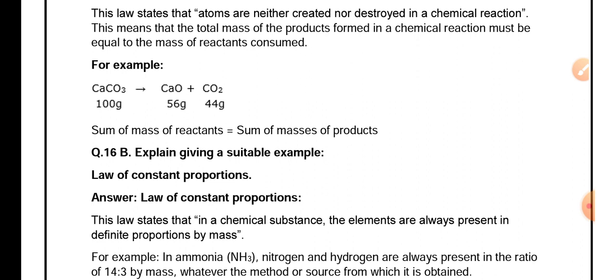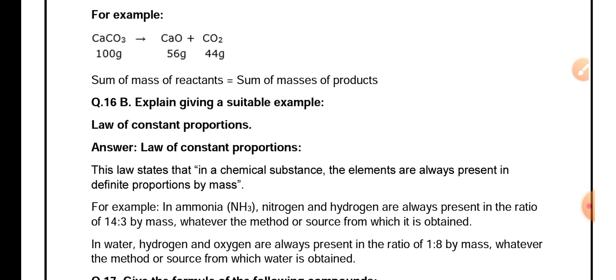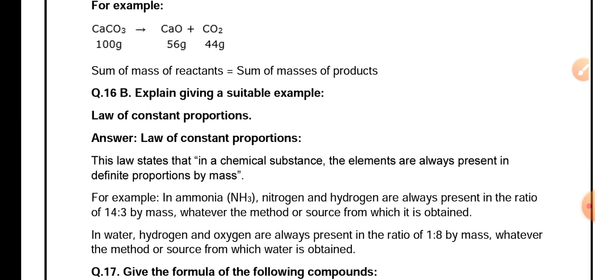In water, hydrogen and oxygen are always present in the ratio 1 to 8 by mass, whatever the method or source from which water is obtained.